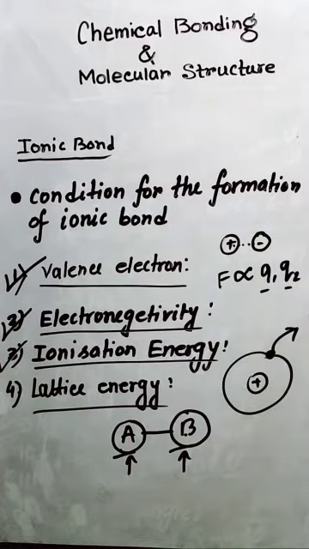That is, Q1 and Q2 mean the charge of the ions. If the charge of the ion increases, then the attraction force increases, therefore the lattice energy increases. Then the ionic compound which has more Coulombic attraction force is more stable. Similarly, we can say the cation or anion which has more charge forms a more stable ionic compound.